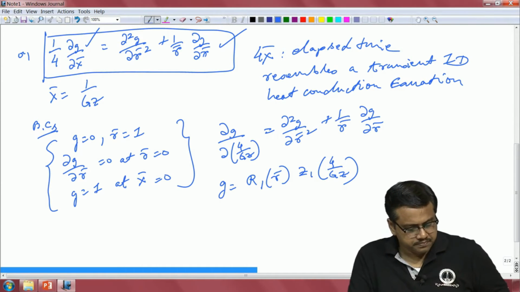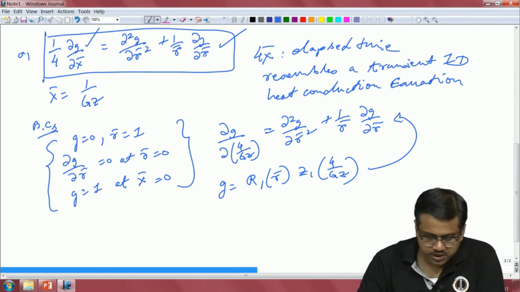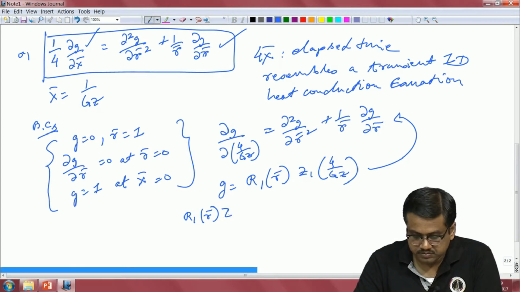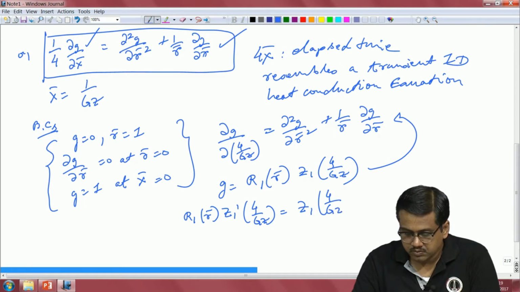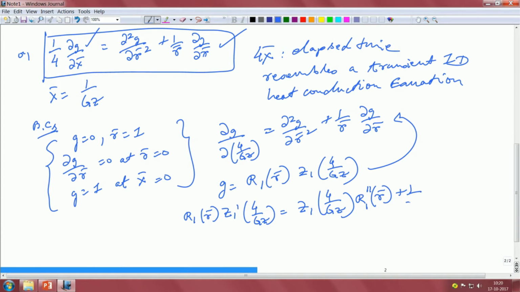Once you substitute it back into this particular equation, that is what you have.